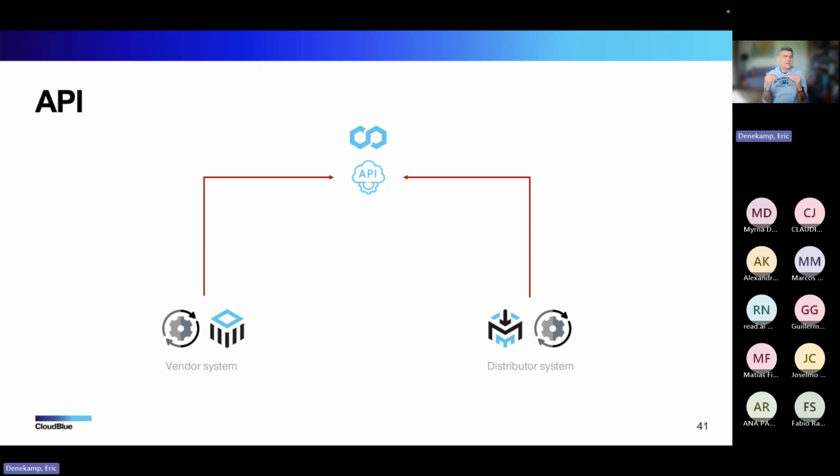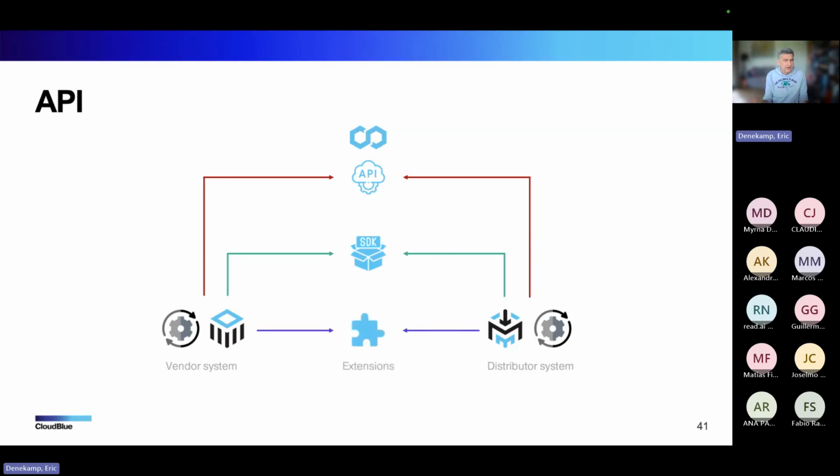It's not that we have a different API for the vendor and the distributor. It's the same set of APIs, so you can use that YAML file for both systems, or you can use that same SDK for both systems.